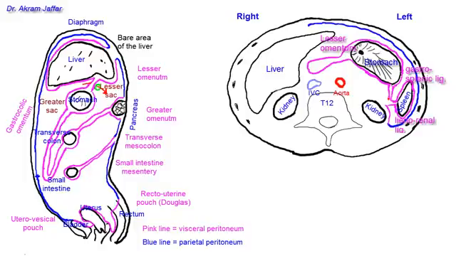Then from the hilum of the spleen it will be reflected back onto the kidney, creating the second layer of the lieno-renal ligament, the double fold of peritoneum, and then around the kidney.